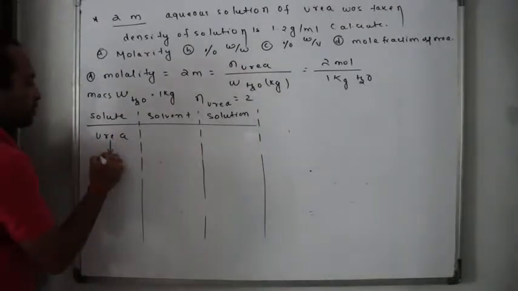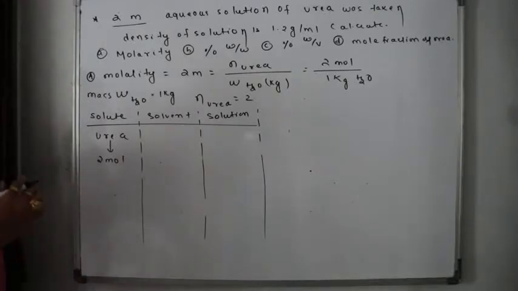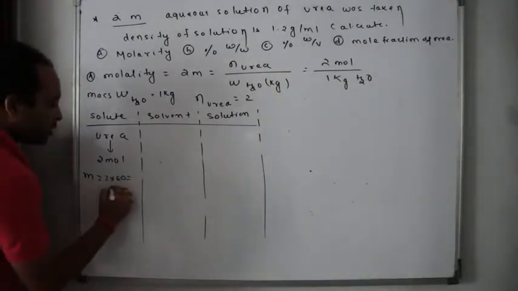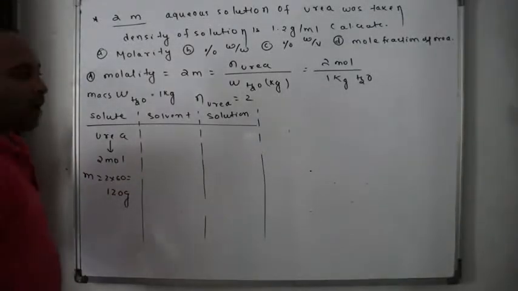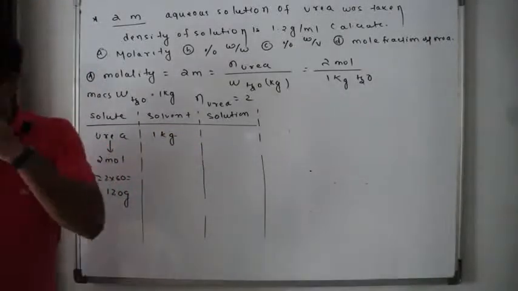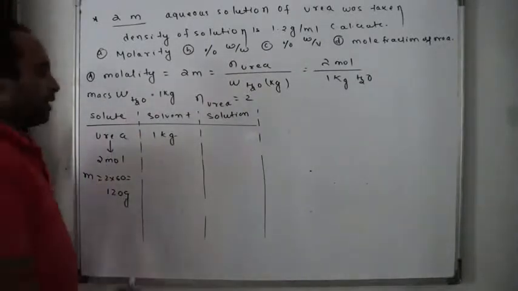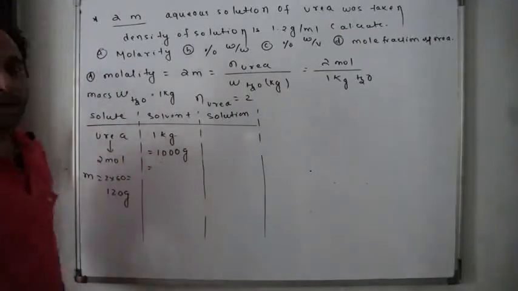How many moles? 2 moles. Any doubt? Now what they have asked? Mass: 2 into 60 equals 120 grams. Now solvent is what? Water. How many? Is it 1 kg? That is equal to 1000 grams. Yes or no?